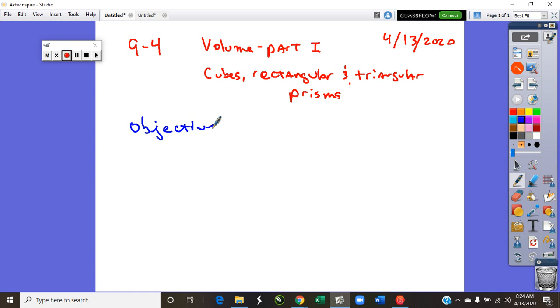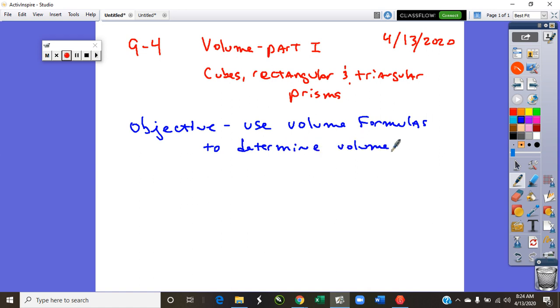Our objective is to use volume formulas to determine the volume of cubes, rectangular prisms, and triangular prisms.